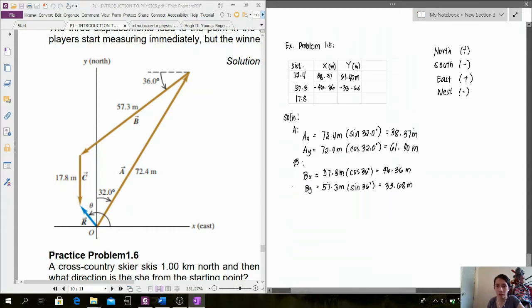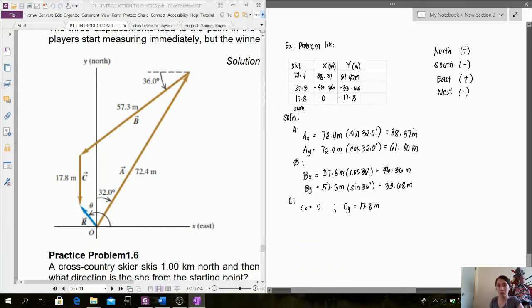As for vector C, the x component is automatically 0 since the vector C points to the south, and the y component is 17.8 meters, but it also points to the south, so we'll take this as negative 17.8 meters.